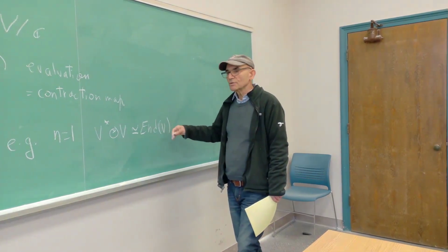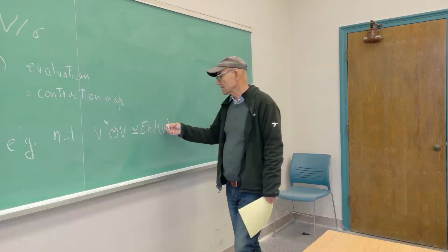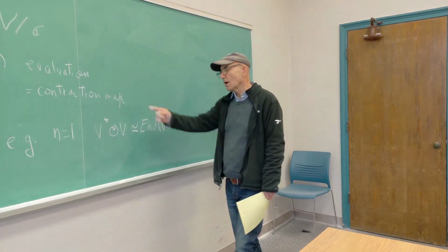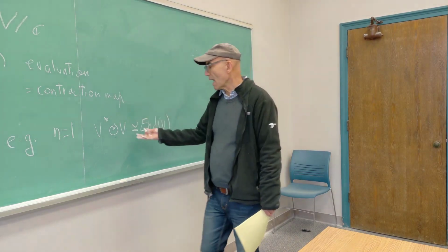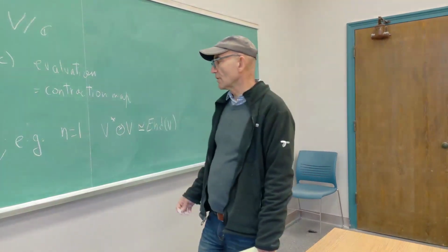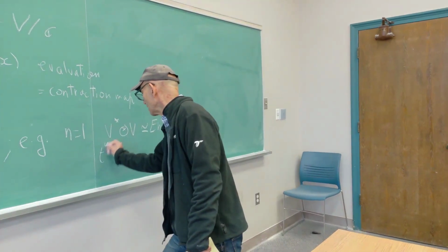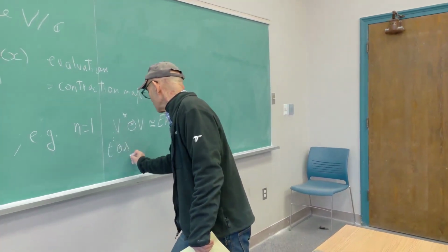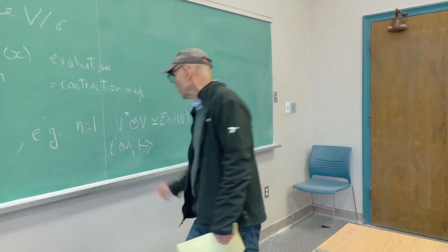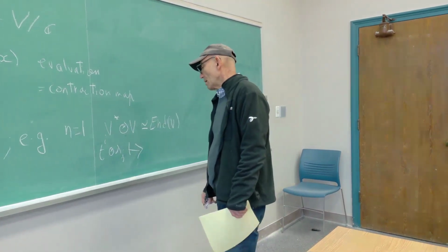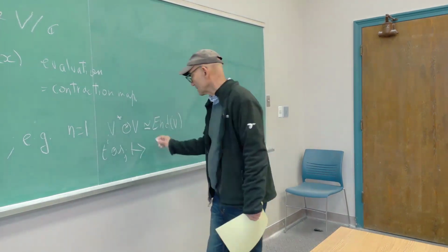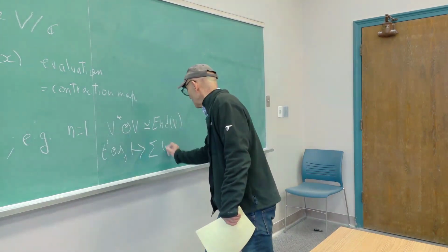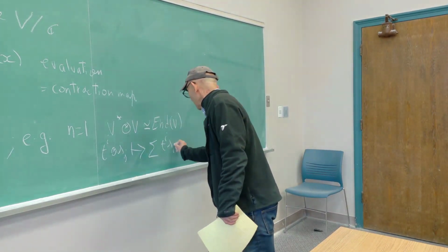Or in matrix notation, in terms of a basis, this is all n by n matrices, one up index, one lower index. And this map is then just like that: T^i tensor S_j is mapped to the sum of T^i S_i.